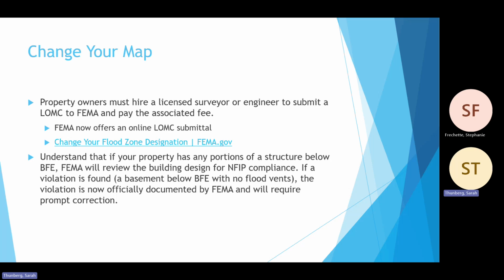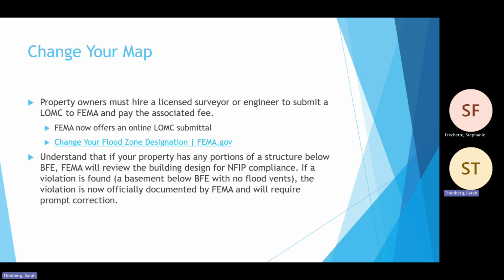It is important to understand that when you do apply for a letter of map change, FEMA will conduct a review of the building design, whether it is a proposed design or current structure. If FEMA finds a violation in this review, it could likely be that there's a basement below base flood elevation with no flood vents.